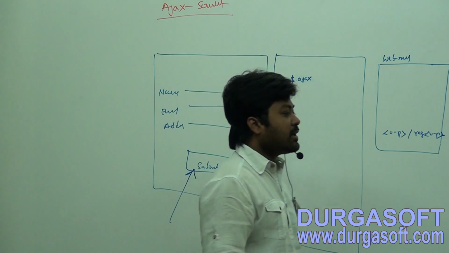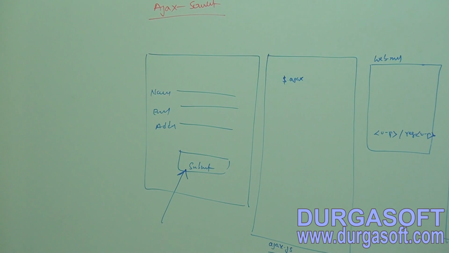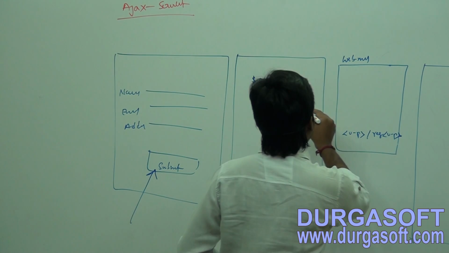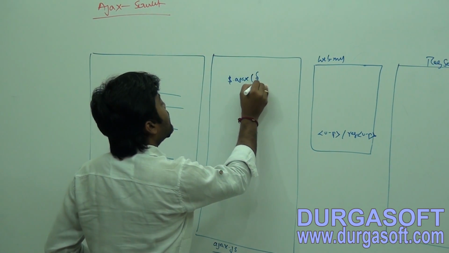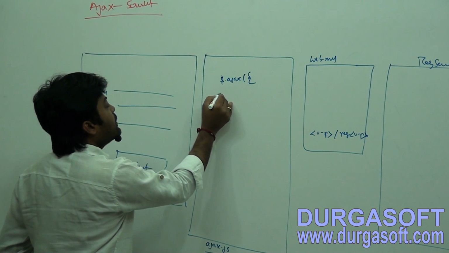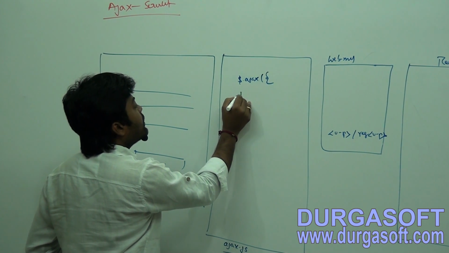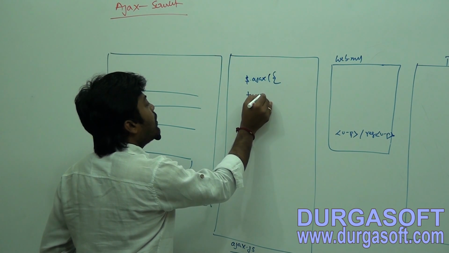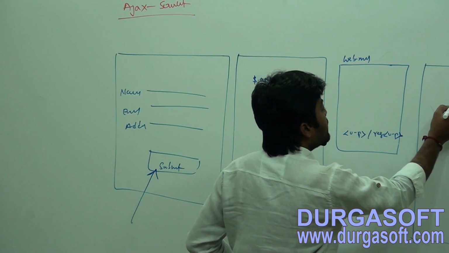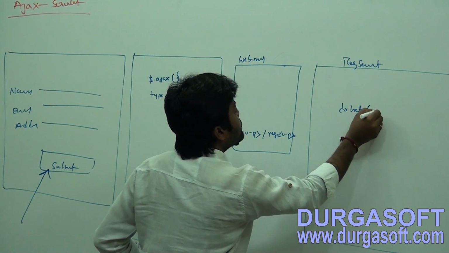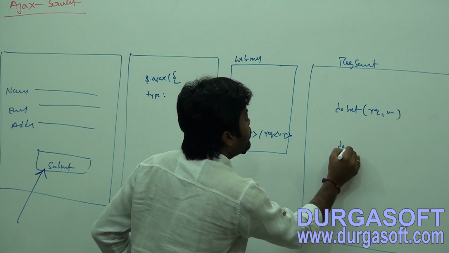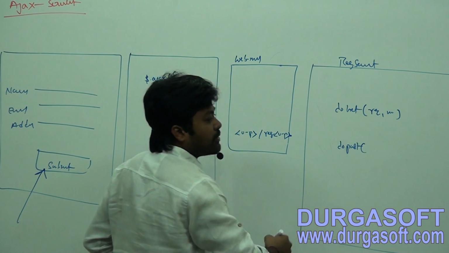On that Ajax call we need to specify the type of method and the URL. Which method do we need to call on the servlet? Here we can have doGet with request and response, and doPost with request and response.